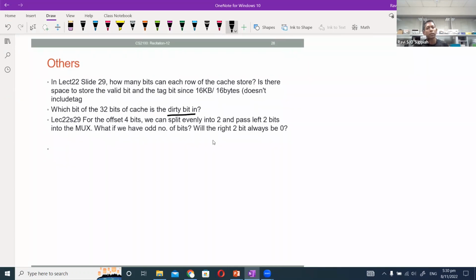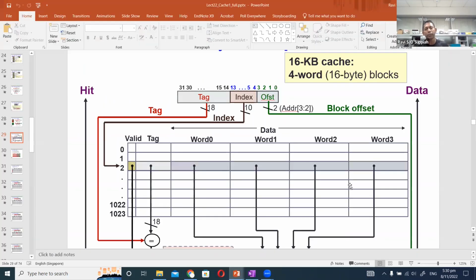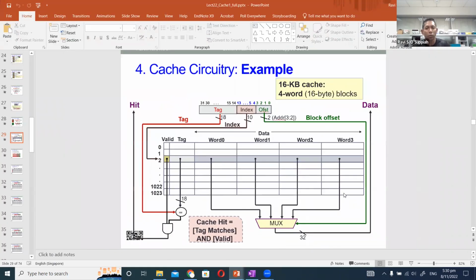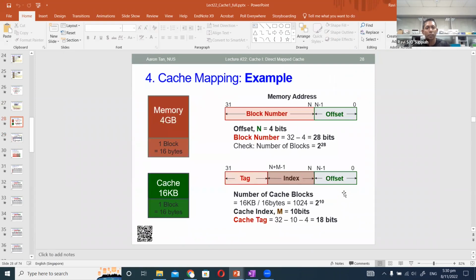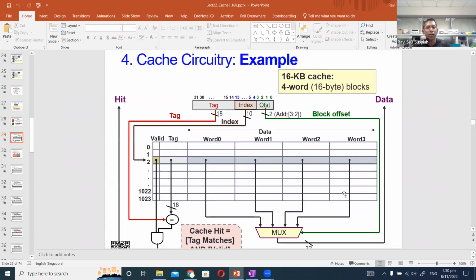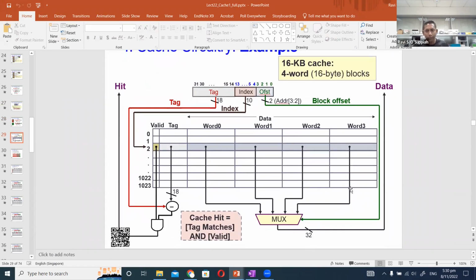Okay, so this is again referring to this slide over here. If you notice, we always have a multiplexer to extract out the word that we want. The last two bits will always be 0, correct? It's always a word access.